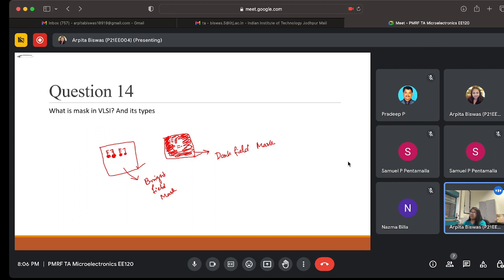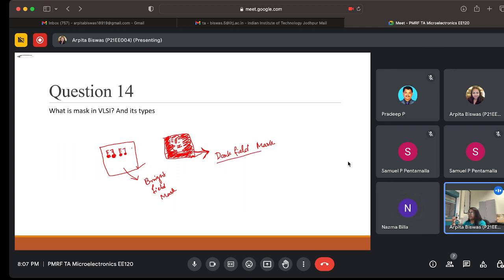Here the maximum area is covered, the opaque portion. Only the portion you want to transfer as the pattern is white, and the maximum is covered. You can see only dark; the maximum portion is dark. That's why it is called the dark field mask.